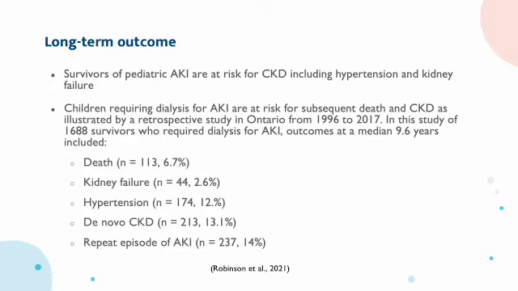Children requiring dialysis for AKI are at risk for subsequent death and CKD, as illustrated by a retrospective study in Ontario from 1996 to 2017. This study included death that was seen in 6.9%, kidney injury 2.6%, hypertension 12%, de novo CKD 13.1%, and repeated episode of AKI in 14%.